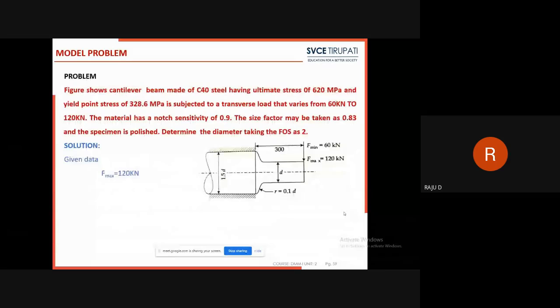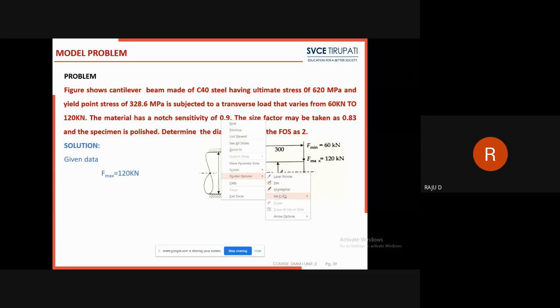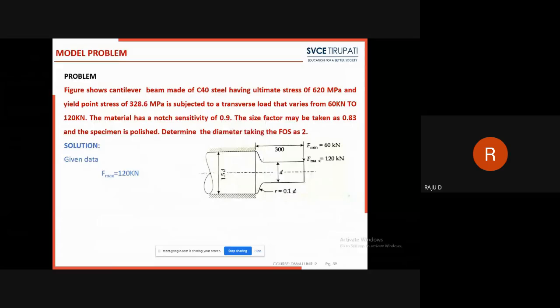Generally they will give a problem like this. In our problem, if they mention any notch value, or notch sensitivity value, or size factor value, this problem comes under model number 2, first of all.